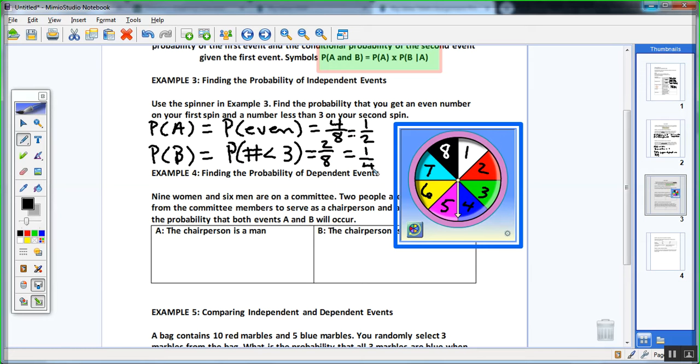Okay. Well, since these probabilities are independent of each other, the probability of that event happening in that order, the probability of getting even first, and then the probability of being a number less than 3, would be the product of 1/2 and 1/4. So up here I'm going to write the probability of A and B happening, or the probability of getting an even first, and then a number less than 3.